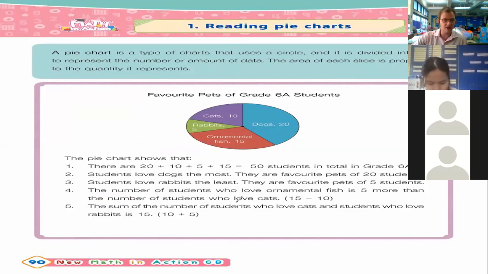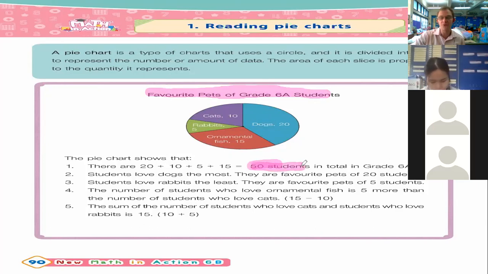Here we can see they've gathered some data and information. The first is cats, then we have dogs, then ornamental fish, and rabbits. In this class, we can see that there's 20, 10, 5, and 15. If we add all of them together, we find that there are 50 students.